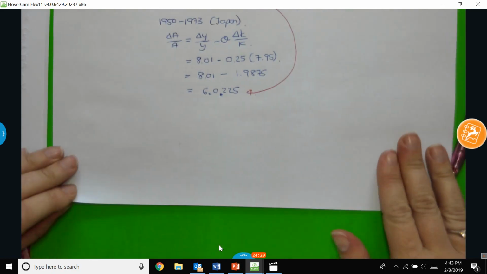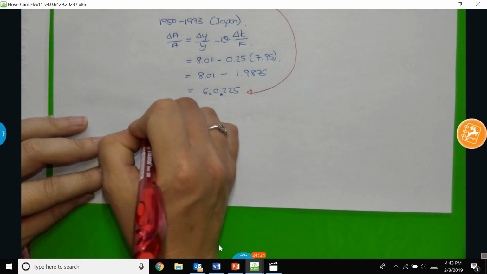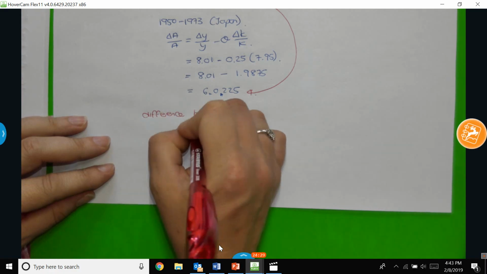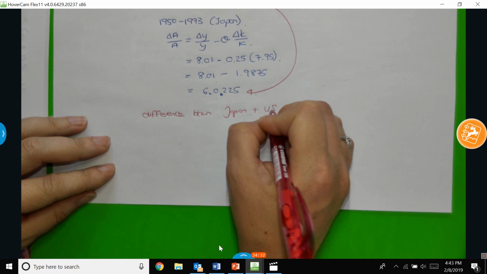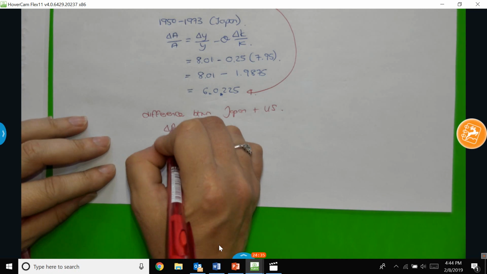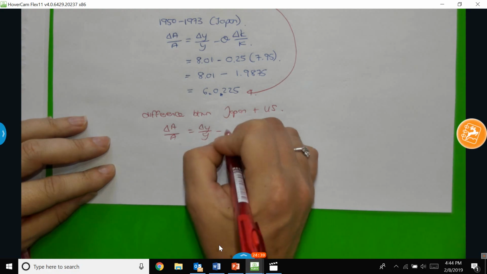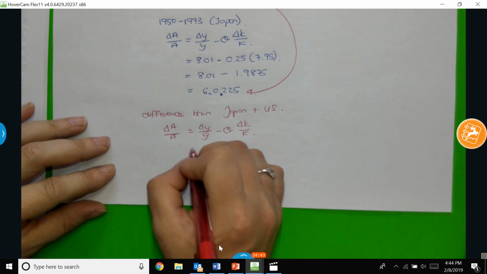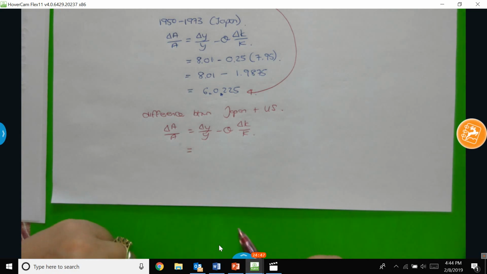The final thing that I want to show you is how you can use these figures to deal with the difference between Japan and the US. So, difference between Japan and the US, and again, change in technology is equal to change in Y over Y minus theta, change in K over K. These differences are taken from the table where the column was showing difference.